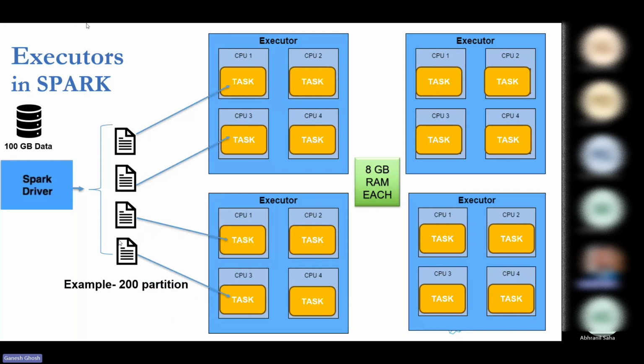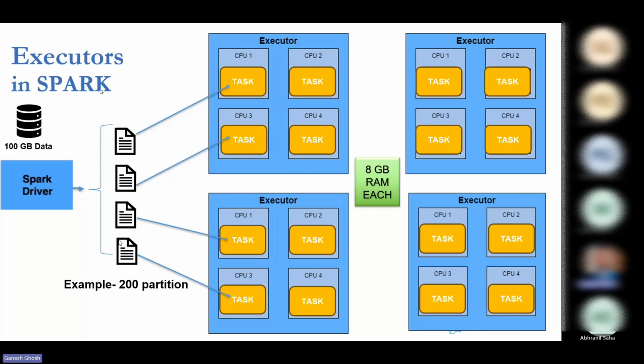Let's assume we have distributed the first set of tasks to each executor. Now each executor, as you can see on the screen, can complete 4 tasks at a time. We have 4 executors, so 4 times 4 is 16. At a time, 16 tasks are getting completed in parallel.